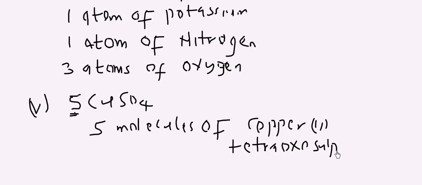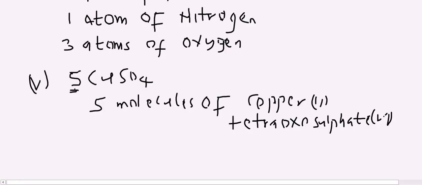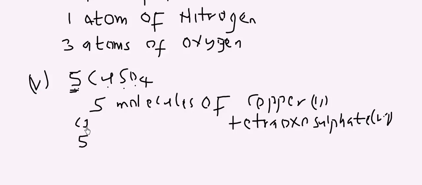So this 5 here is affecting copper, sulfur, and oxygen. So we just have 5 times whatever we have here. Copper is 1, so we have 5 atoms of copper.